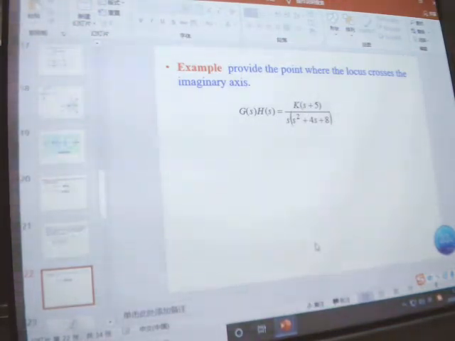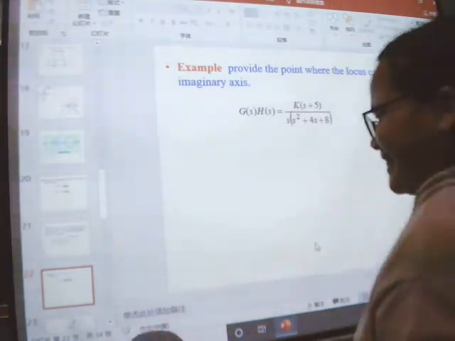Real part, imaginary part. So this is substitute I only. Then it is omega I. That we can do together. Yes, you can do that.